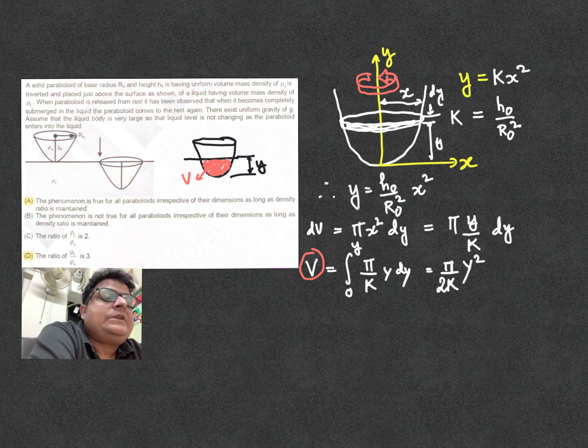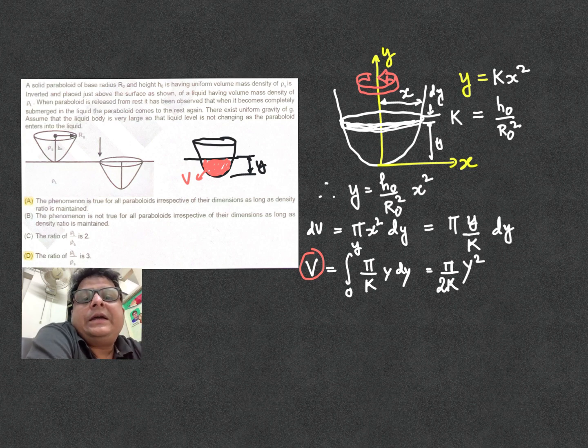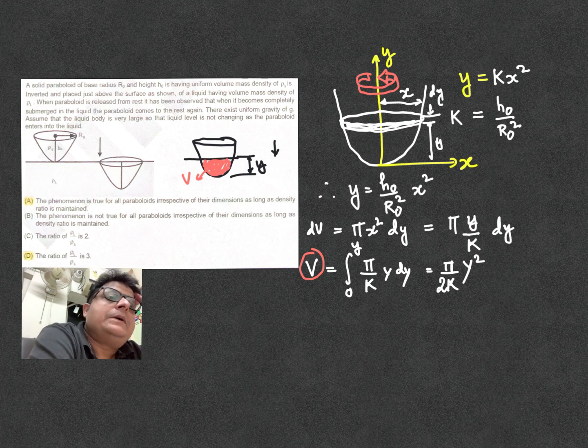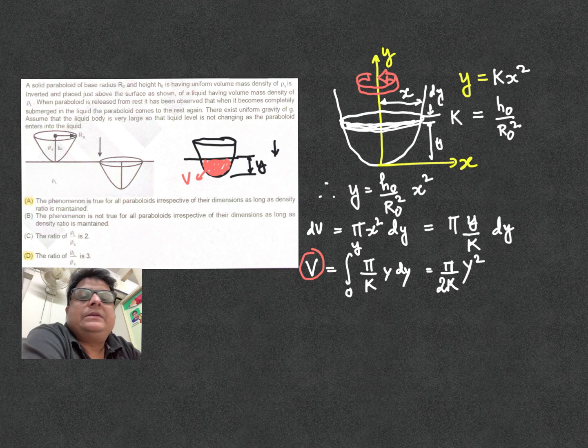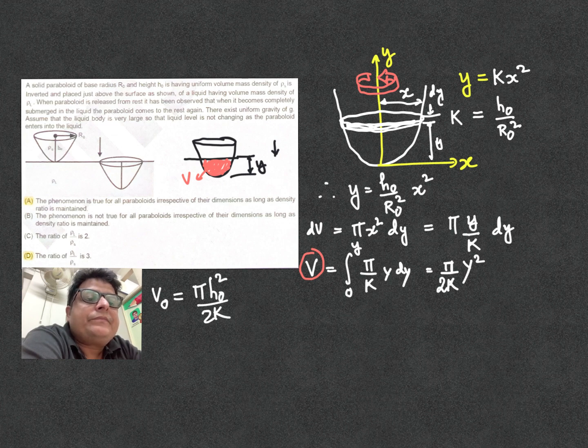Now at this moment we can apply Newton's law. Newton's law means the mass. What is the total volume? Total volume v naught will be pi, with y substituted by h naught, so pi h naught square by 2k. That's v naught. Now let's write Newton's law. Mass means rho s pi h naught square by 2k into acceleration.